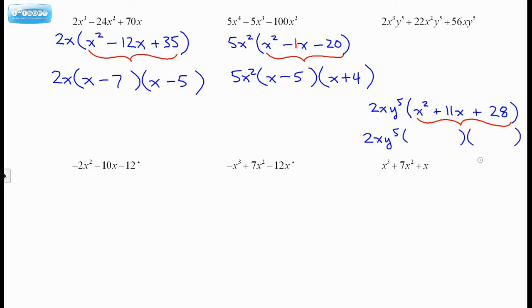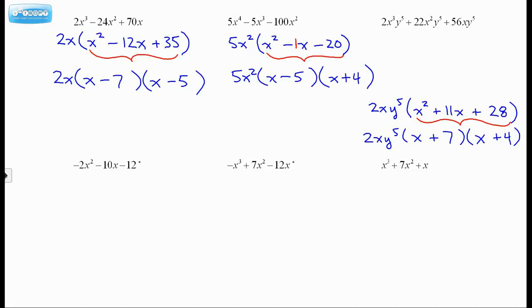So two numbers that multiply to positive 28 but add to 11. That's easy. That would be 7 and 4, or 4 and 7, doesn't matter, they're both positive. 7 times 4 is 28, 7 plus 4 is 11. This one was easy.